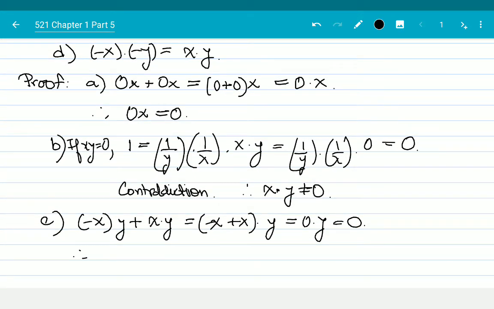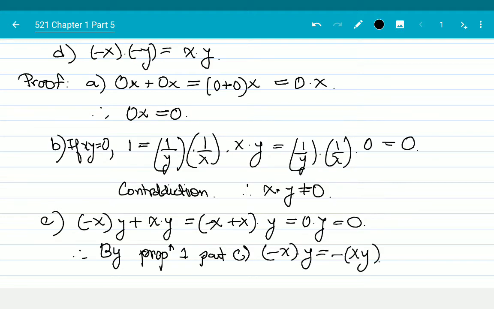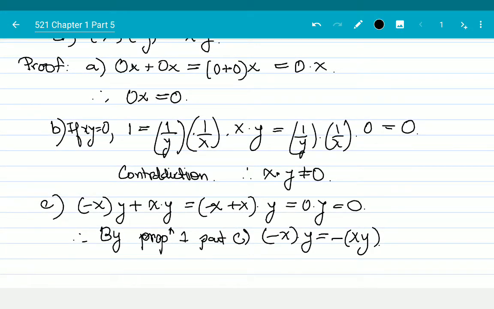Therefore, by uniqueness, by proposition 1 part C, minus x times y is equal to minus of xy.